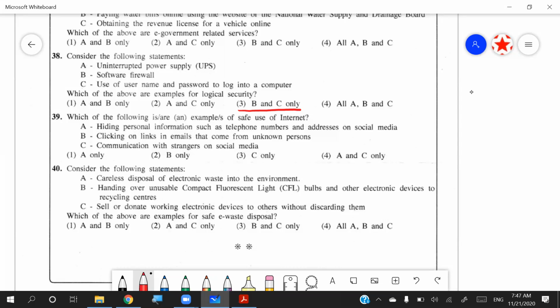So physical security can be given with some devices which are tangible, right? If we use a UPS, when the power supply goes out, the system can be given power by the UPS for a certain amount of time. So we can save our work that we are currently working on and shut down the computer, right?